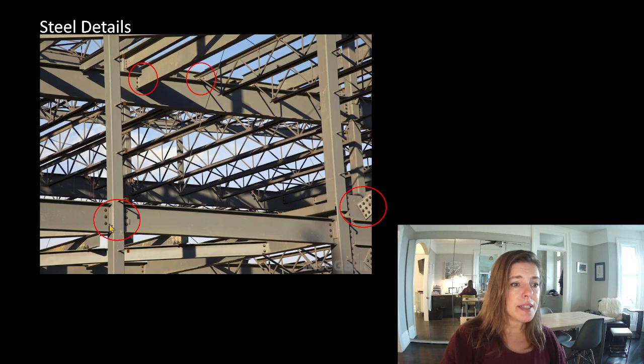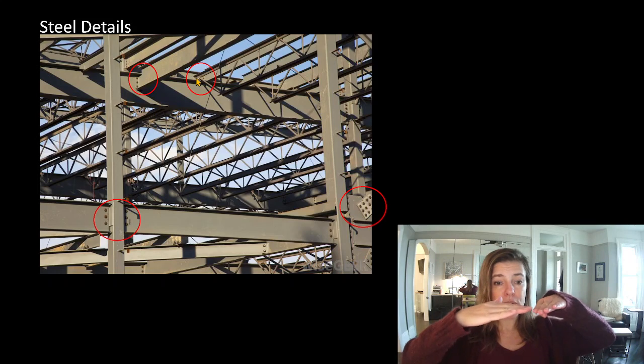Here are just some steel details. This is a pretty typical detail right here. Here's a pretty typical plate. So this would be a brace coming off over here, connected in. This beam here is dropped because these open web steel joists have a joist shoe.